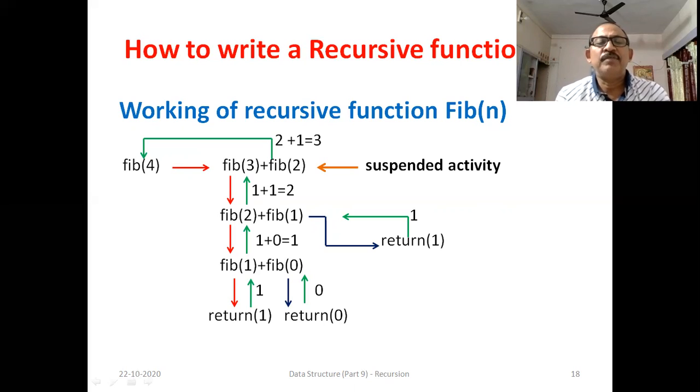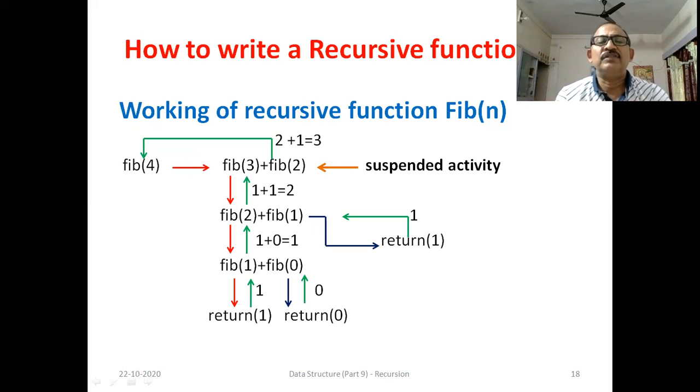Now the next step is combining the solutions of these problems to get the answer of fib(2). So fib(1) plus fib(0) means 1 plus 0 is equal to 1, and this value is received by the previous calling place of the function, fib(2). Now fib(2) receives the value 1.